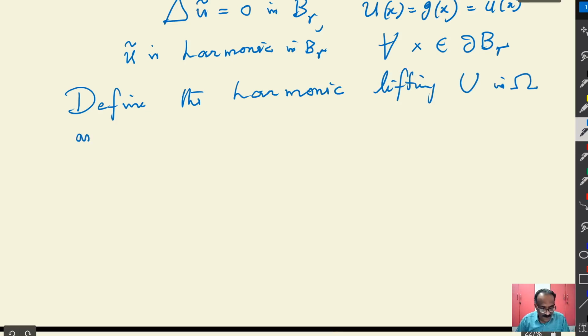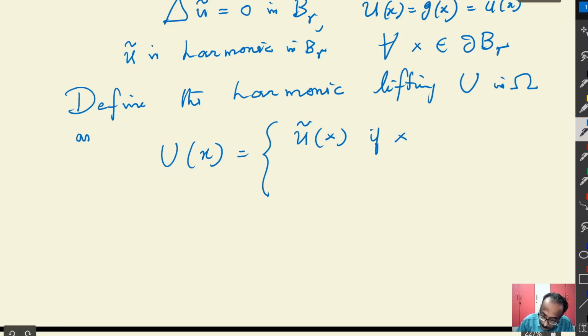U of x equals U tilde of x if x is in B_R, the ball of radius R, and the same U of x if x is in omega minus B_R. It's a continuous function because on the boundary of B_R you have the same value.